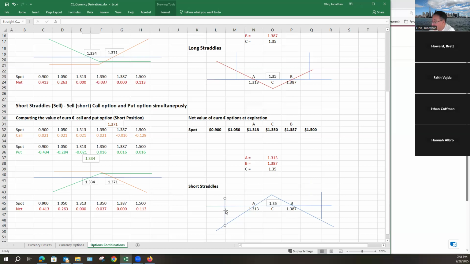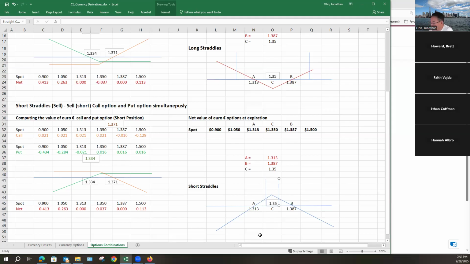But if your projection is very stable, low volatility of the euro in the future, concentrated around your strike price this way or this way, that is your strategy. So if your projection is very low volatile movement of the euro in the future, this is your strategy.